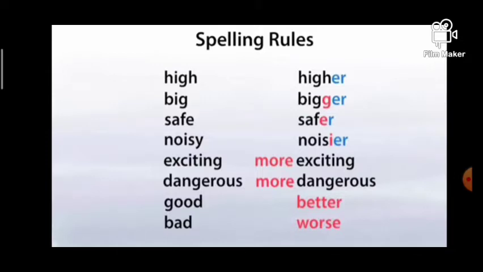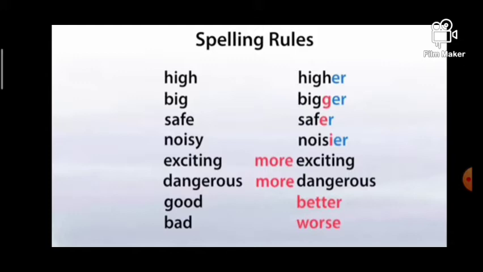Here see some spelling rules, which I will also explain in our next slide. But first of all, see these rules. High, higher. What do I add? ER. Big, bigger. Here the G will come double, so double G, ER, bigger.